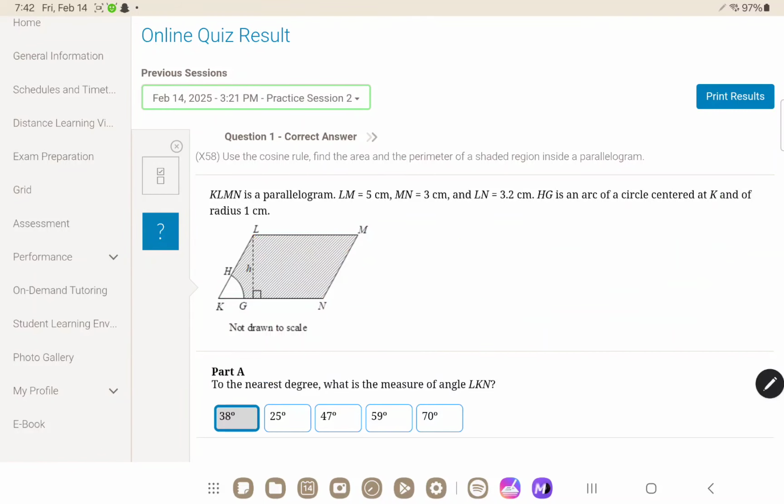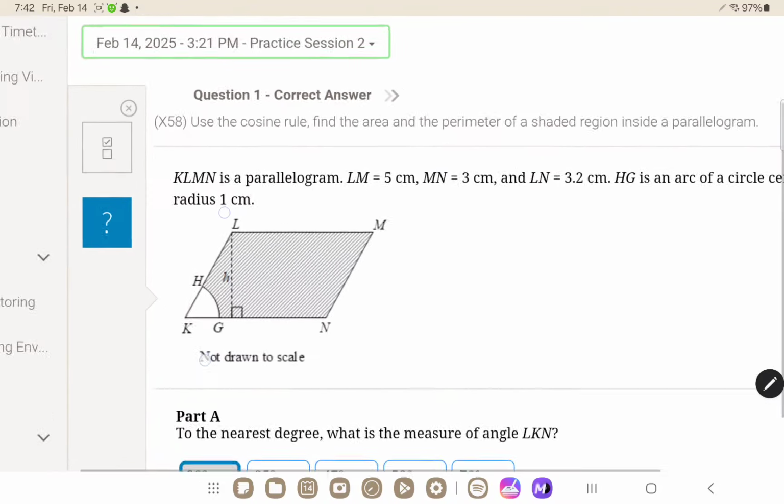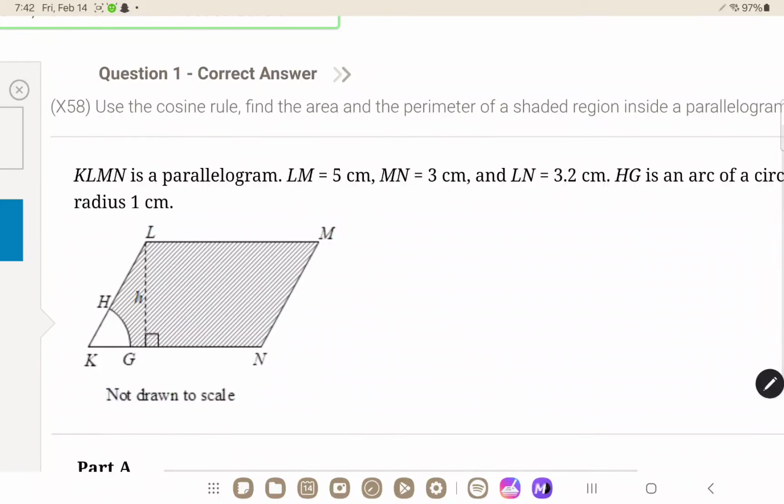Now, moving on to part B. They're asking us, rounded to the nearest whole number, the area of the shaded region. So they want, let me write everything again. They want the area of the region without this. So there's 3 here, 5 here, and now we know this angle is 38 degrees.